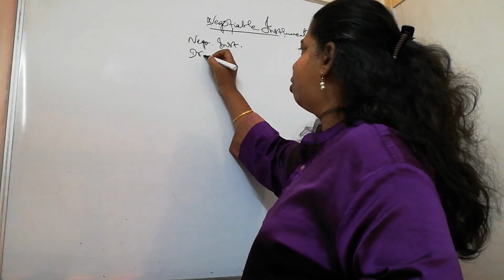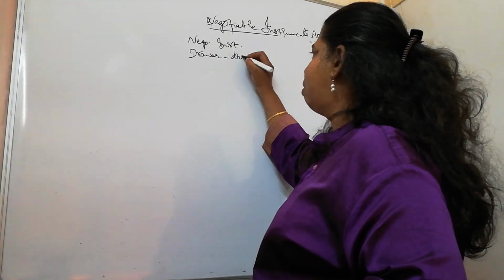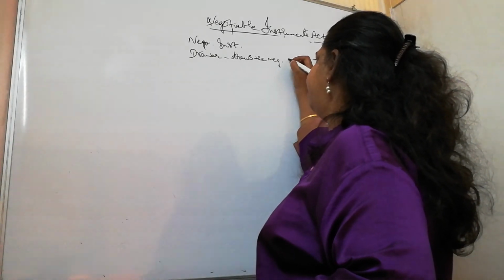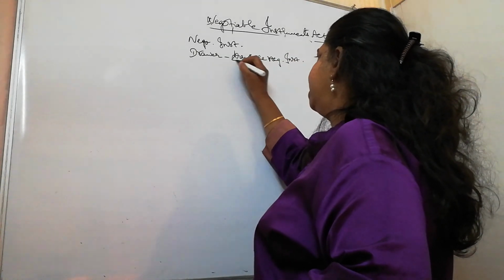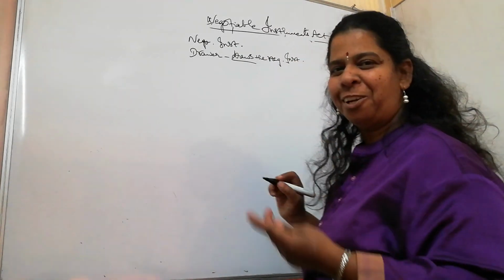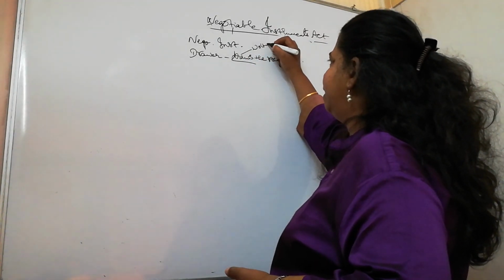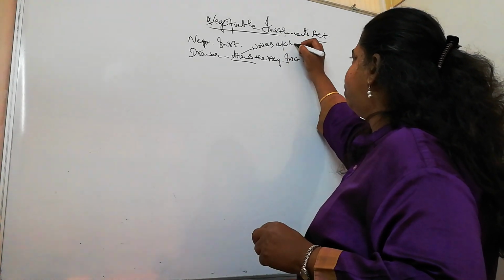Then you have the drawer. Drawer is the person who draws the negotiable instrument. Who is the one who is drawing? It is not actually drawing, right? It is writing. The one who writes. So who will be the one who is writing? Obviously the account holder.